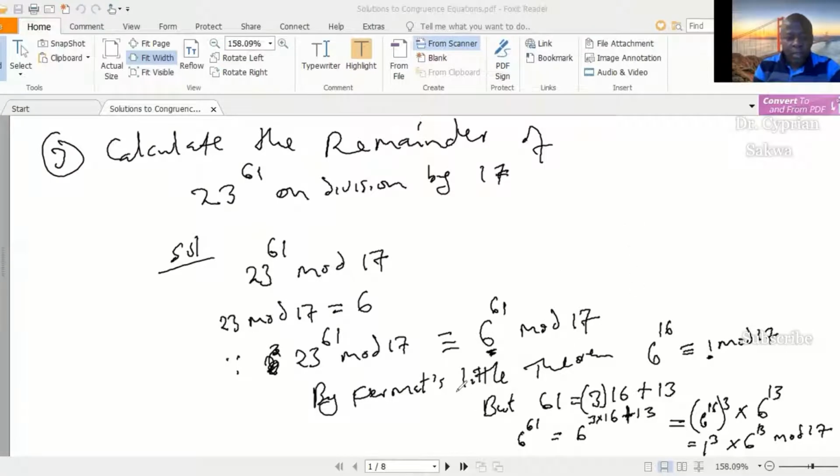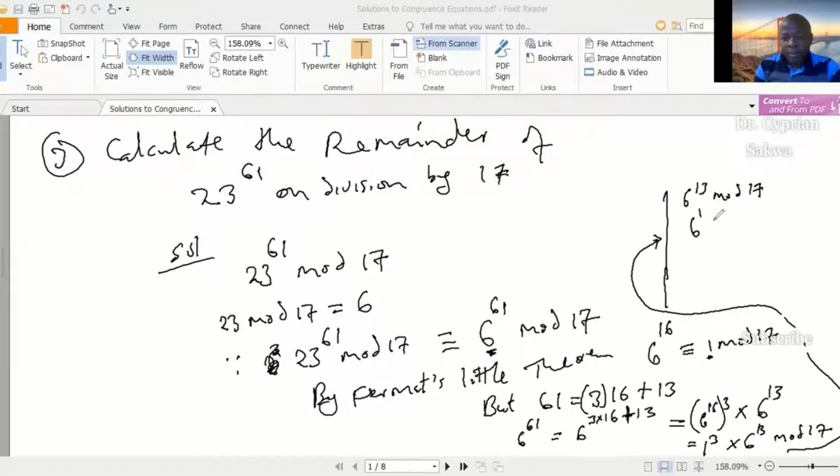So this is just 6 raised to 13 mod 17. And for this one I can create a table of squares, and you recall how I did this in my previous videos.